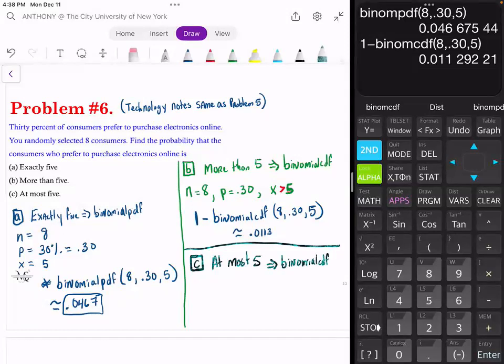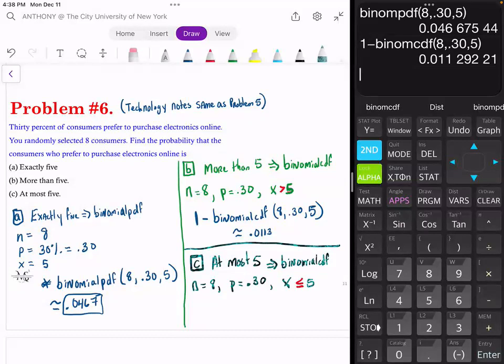In particular, n we know is 8. P is equal to 0.30. X is now less than or equal to 5, because x less than or equal to 5 is the complement of more than 5.